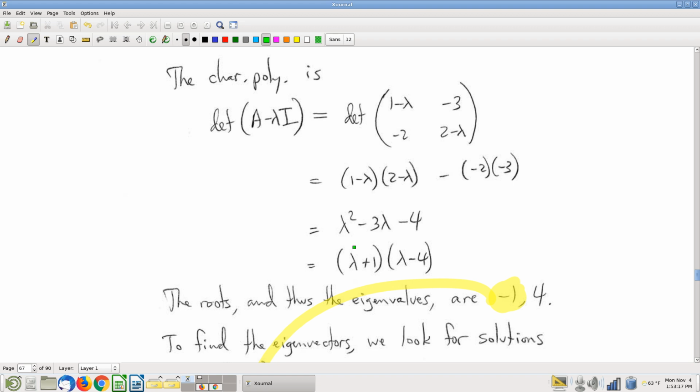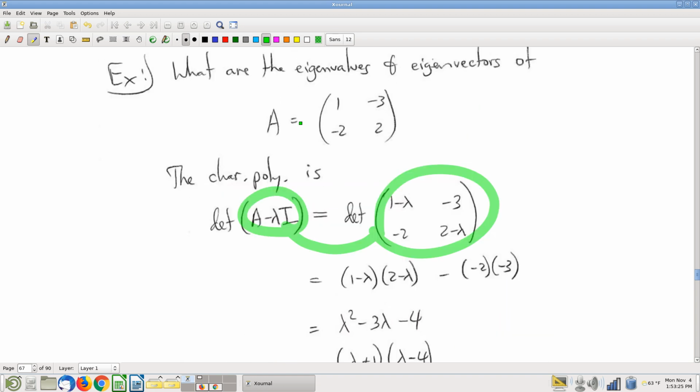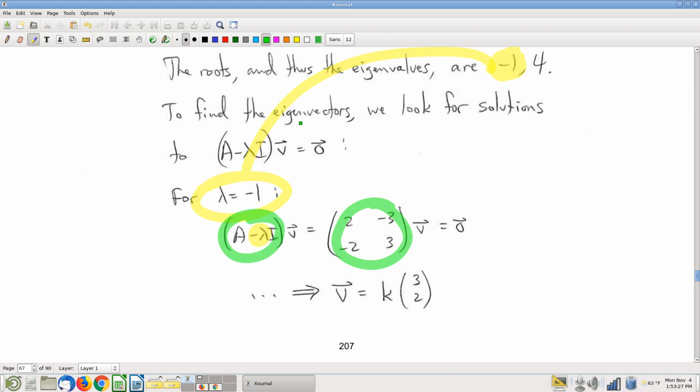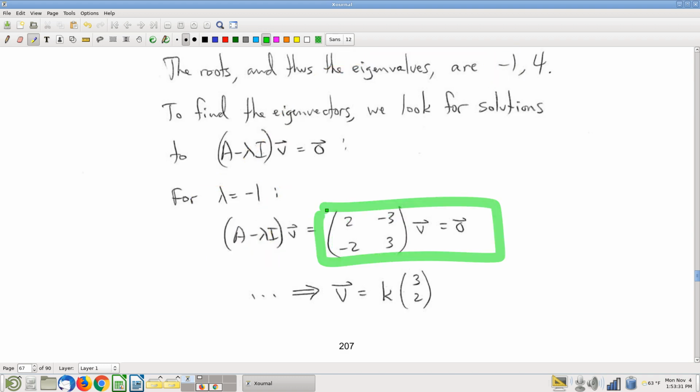Reminder, here's our formula for A minus lambda I. We're just subtracting lambda off the diagonal from the original matrix. So, having done that, the null space equation that I'm looking at is this one. And I've got to find all these null space vectors, homogeneous solutions if you prefer.